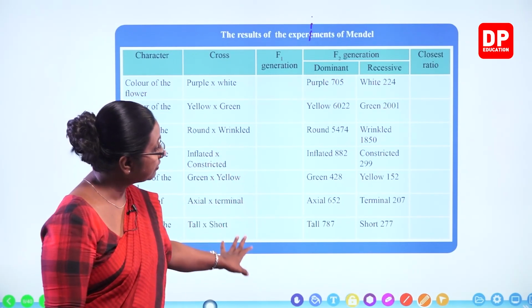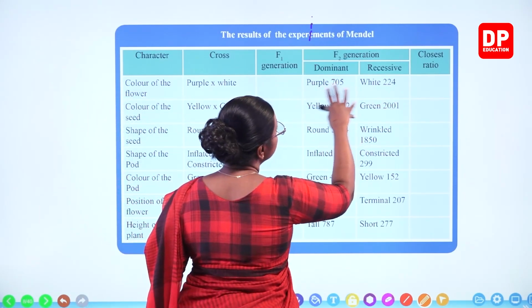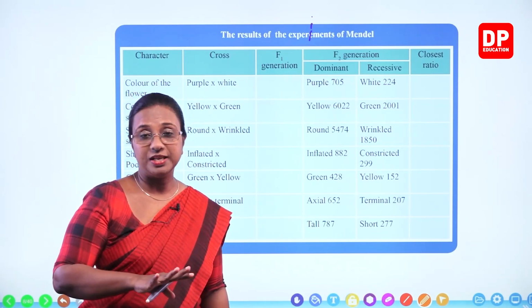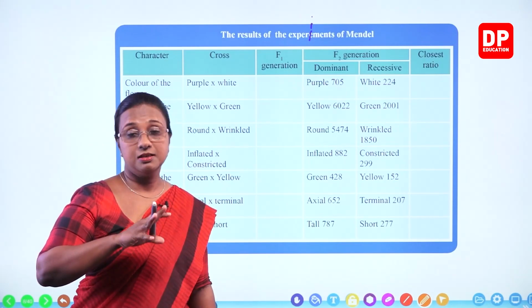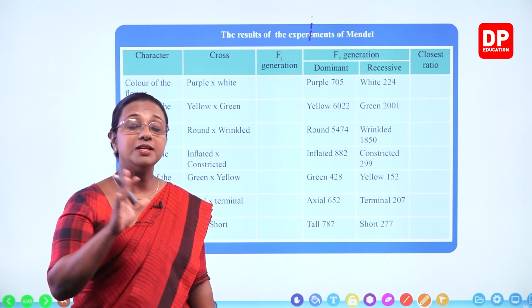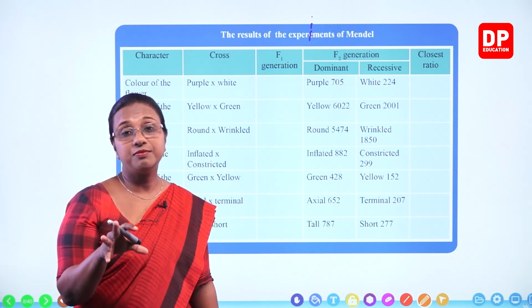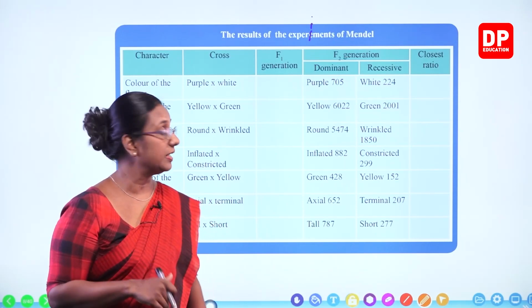But if you are given a table like that, by looking at these two values, you can identify which is dominant. The dominant will be in the 3 of the 3:1 ratio, dominant to recessive. So the character shown by the larger number of plants is the dominant character.